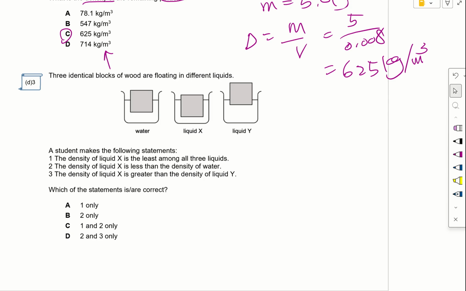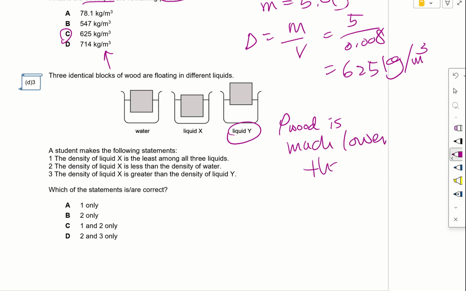So the wood is the same, and we see that the wood actually floats the most in liquid Y. That means versus water and liquid X, the density of wood is much lower than liquid Y, because as you can see, the wood is floating so much higher in liquid Y. So there is a big difference in density.